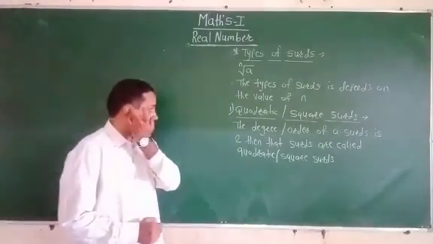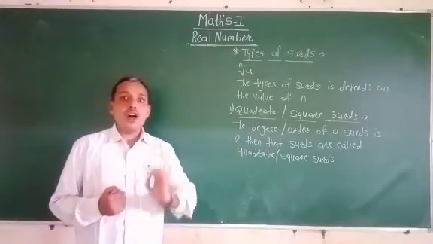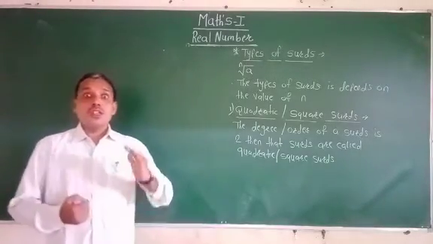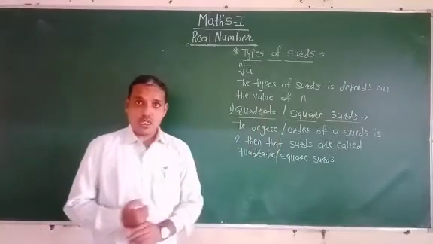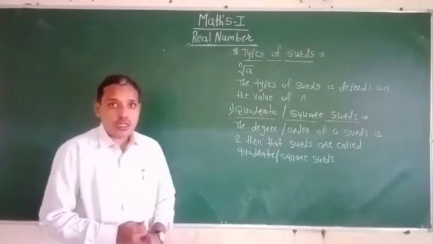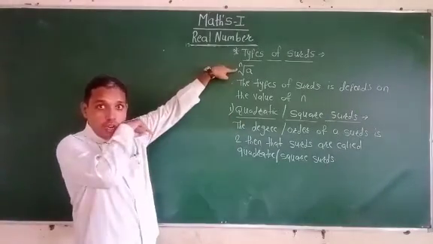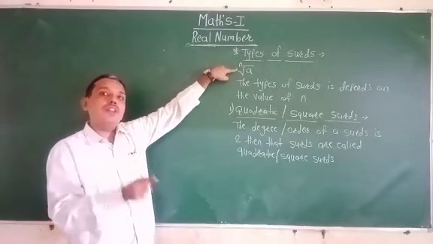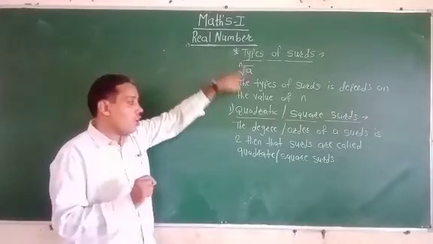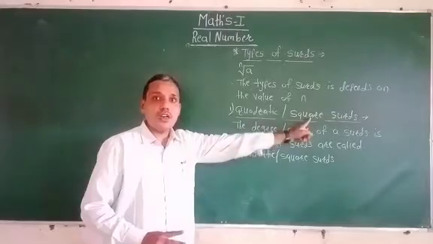Or, if the order is not given in an example, that surd is also called a quadratic surd, because the value of n is greater than 1. If the order is not given, then we consider the order or degree of that surd to be 2, and that is why that surd is also called a quadratic surd.